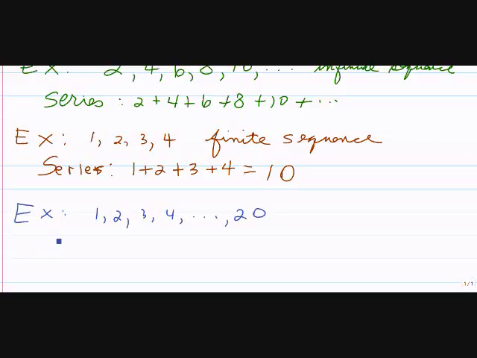The sum of that sequence, better known as the series, would be 1 plus 2 plus 3 plus 4 plus 5 plus 6 plus 7 plus 8 plus 9 plus 10, all the way up to 20. That'd be a lot of buttons for me to press in my calculator.